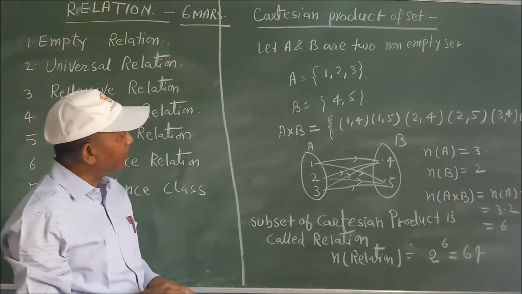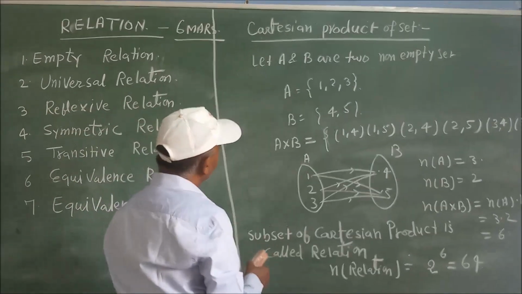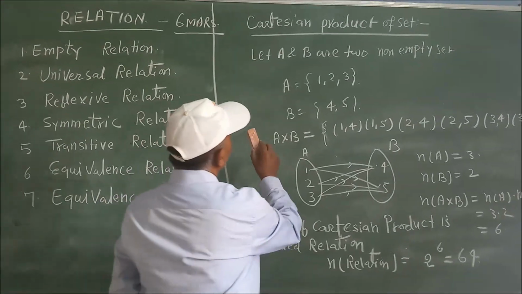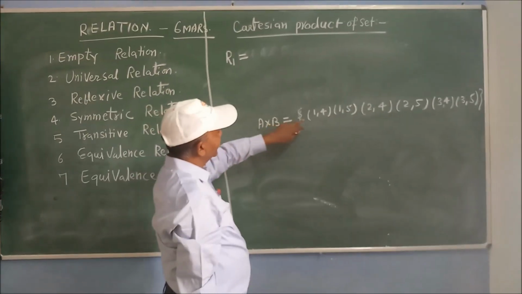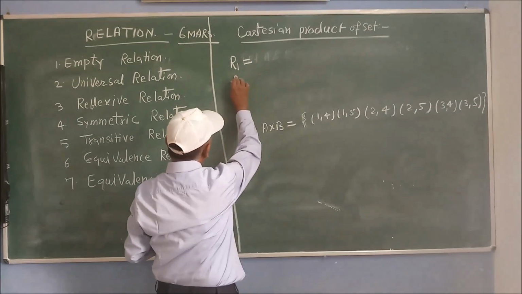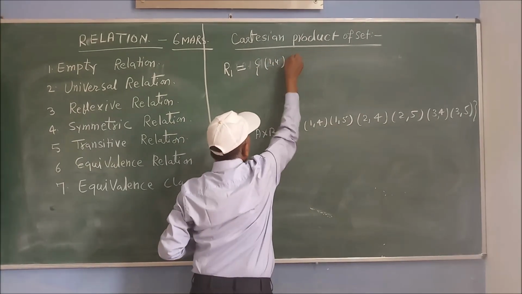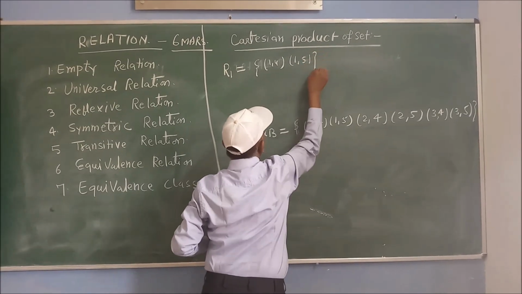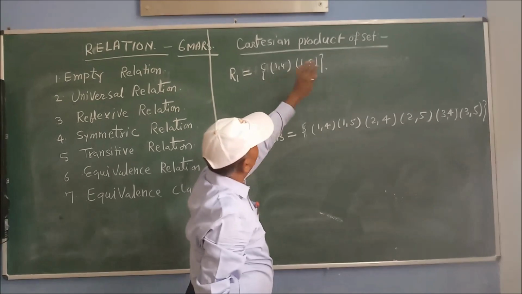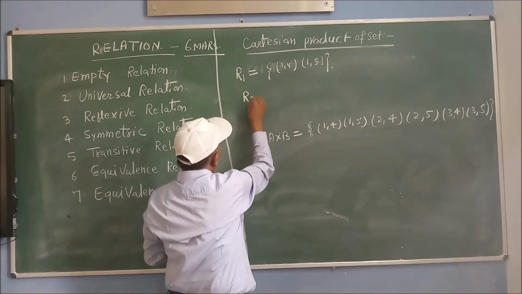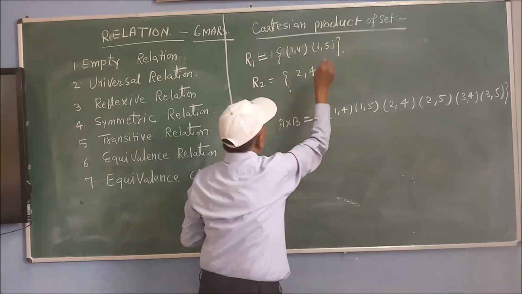See here, I have written some of the relations. A cross B has 6 elements. So I am making the first relation. First relation will be {(1,4), (1,5)}. You may also write, it is not necessary that you write 2 elements; you can write one element. Here is R2, which is {(2,4)}.